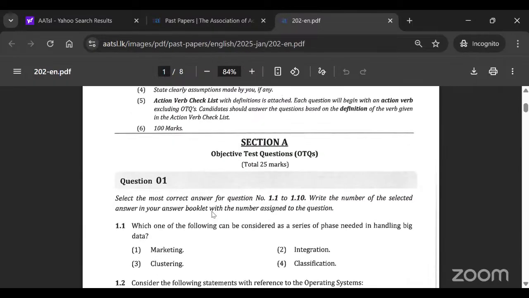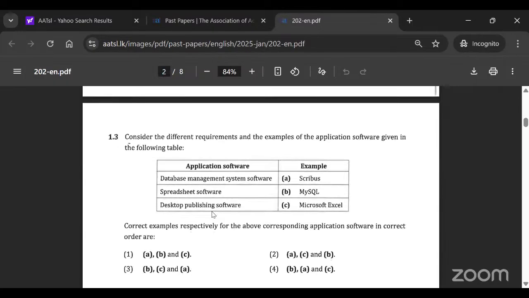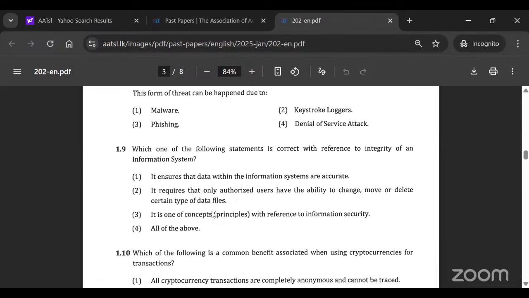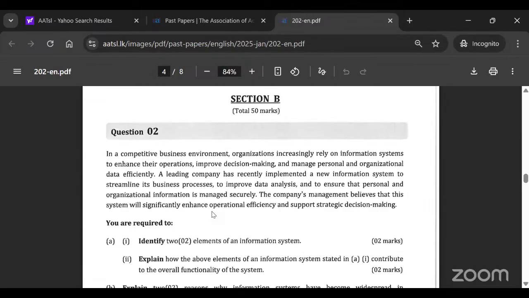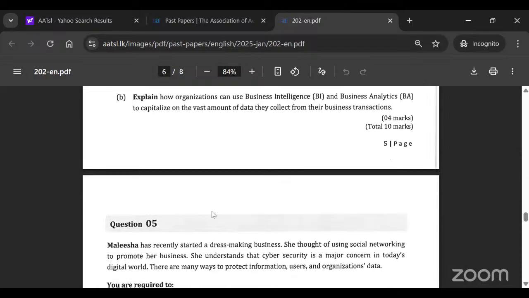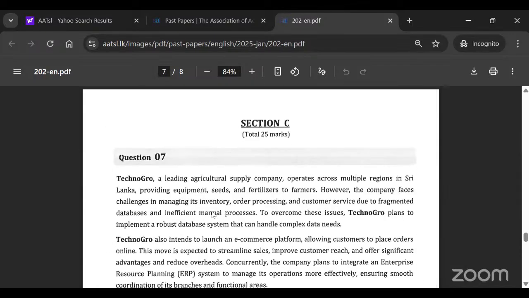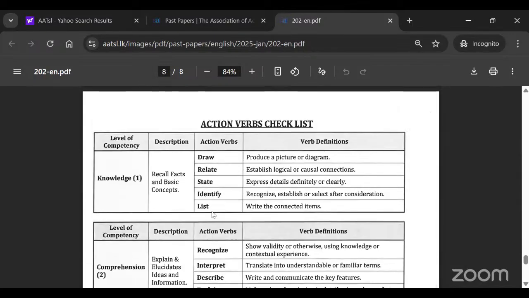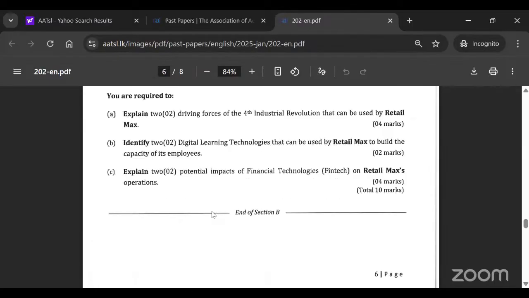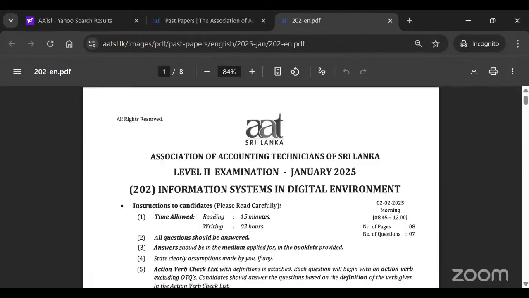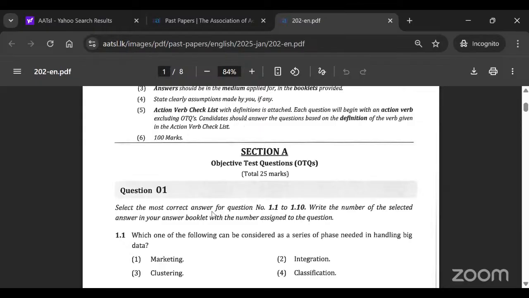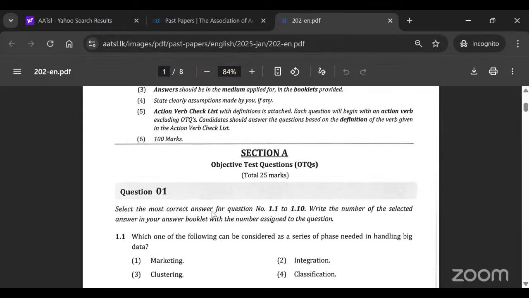You have a few sections to answer: section A, section B, and section C, right? Section C, finally the action verb list. Section A is known as OTQ, right?